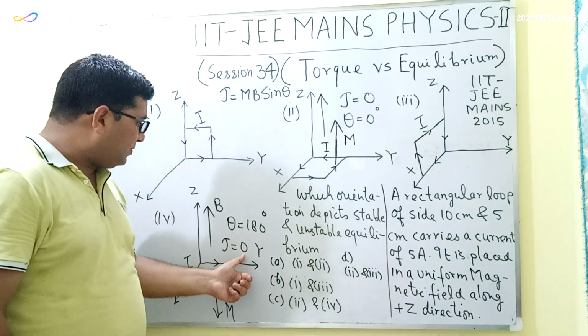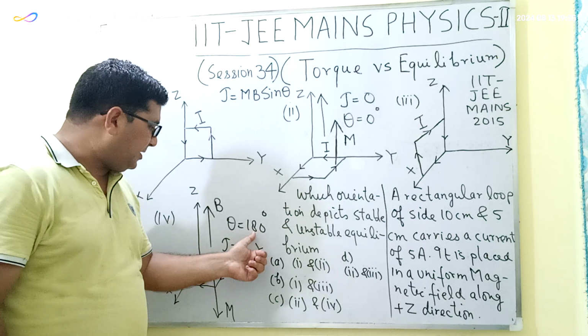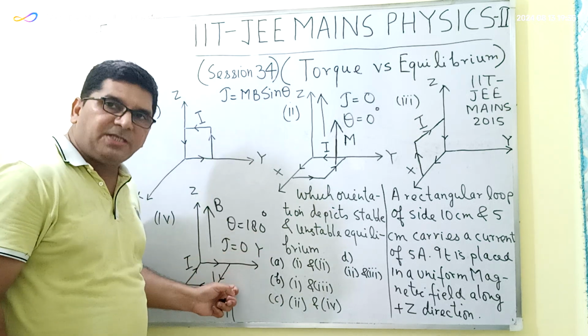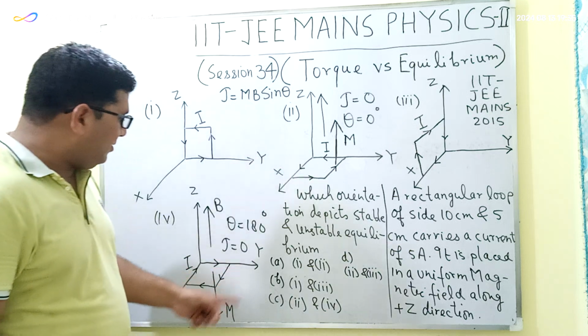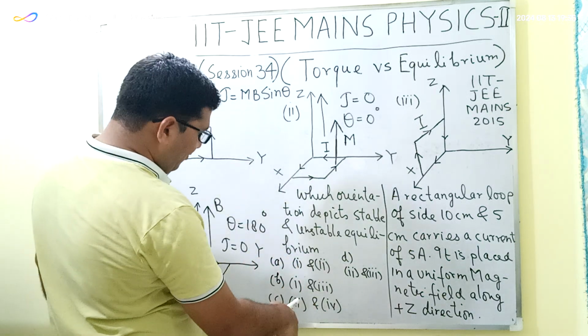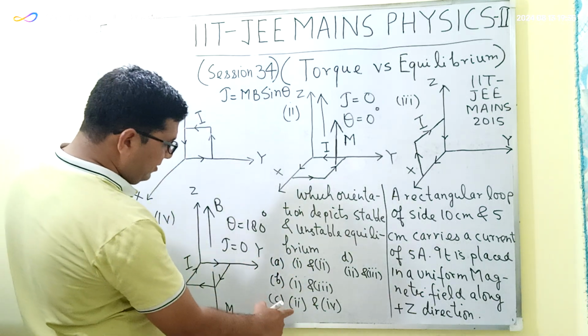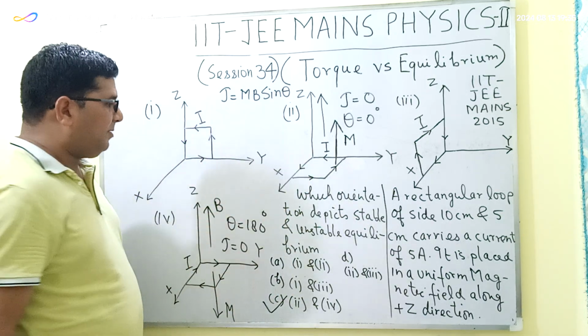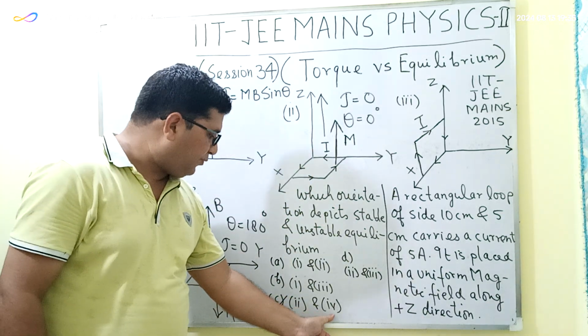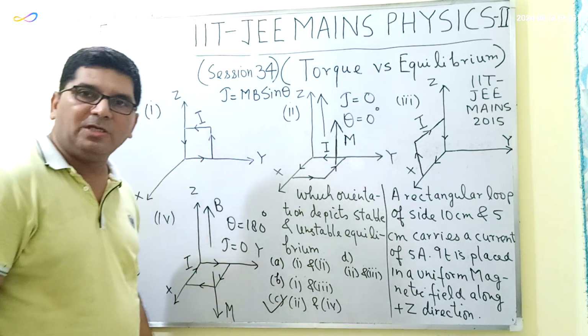So torque is equal to 0, theta is equal to 180 degrees. So this figure depicts the condition of unstable equilibrium. So our correct answer from these four options will be C, because figure 2 depicts the condition of stable equilibrium and figure 4 depicts the condition of unstable equilibrium.